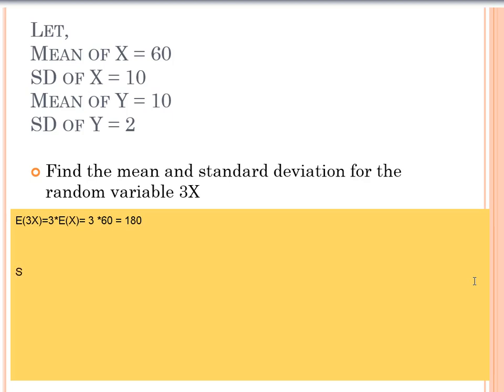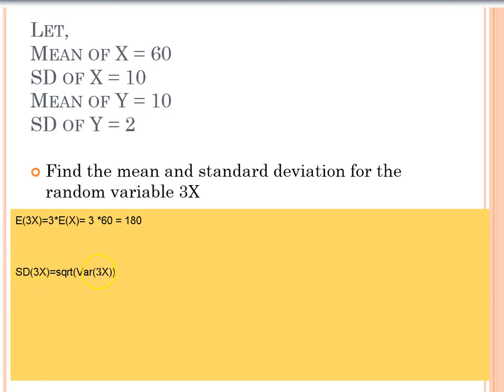The next thing that we're going to calculate then is the standard deviation of 3x. And to do this, we have to go through the variance operator. Remember that the definition of the standard deviation is just the variance square rooted. And so we have to do this because the properties that I talked about before have to do with the variance operator and not the standard deviation.